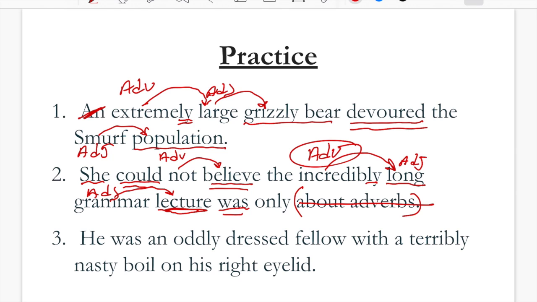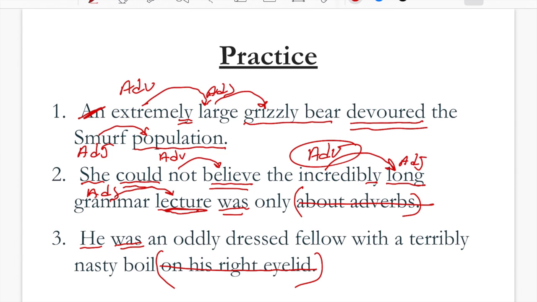Last, number 3. He was an oddly dressed fellow with a terribly nasty boil on his right eyelid. Once again, we are going to take out our prepositional phrase. And then we're going to find our verbs. So he was. He was what?